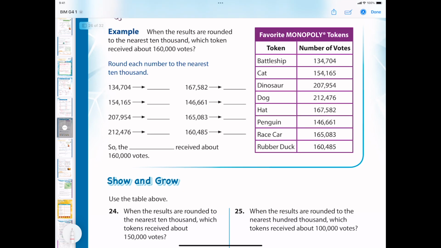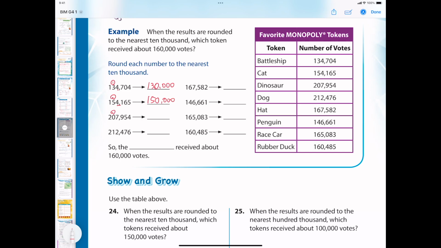Example, when the results are rounded to the nearest 10,000, which token received about 160,000 votes? Okay. Round each number to the nearest 10,000. Okay, easy peasy. Nearest 10,000. So this is what? Round down. So keep the number to the left side and everything else 0. Here round down, so 150,000.